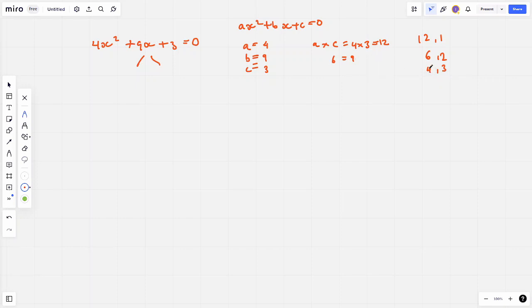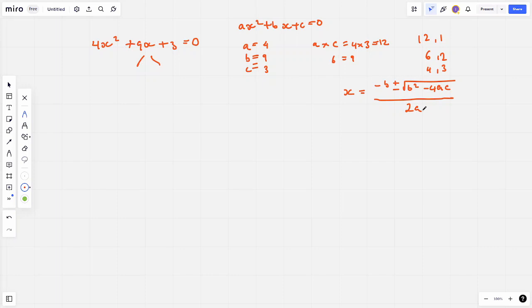So what that means is we're going to have to use the quadratic equation, which is you have your x roots, which will equal minus b plus minus the square root of b squared minus 4ac, all divided by 2a.